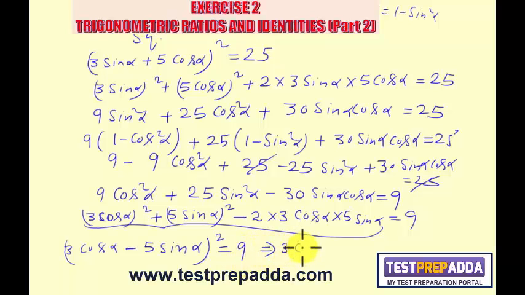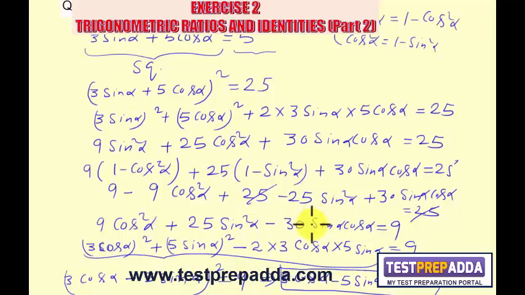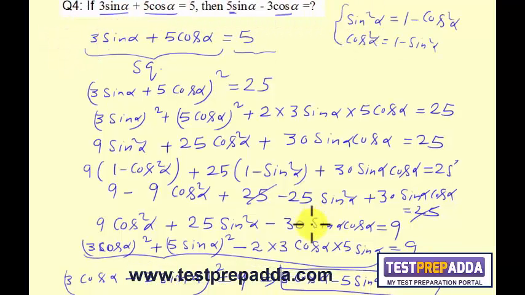So 3 cos alpha minus 5 sin alpha will be equal to plus minus 3. Got it?